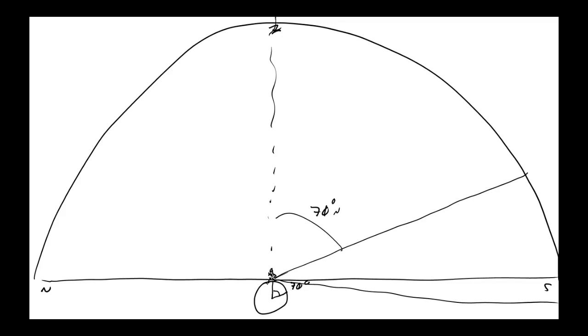Okay? It's right on the equator, latitude 0. What's the declination of the sun on June 21st? Plus 23 and a half. On December 21st? Minus 23 and a half. On March 21st? 0. Now, how many hours of daylight do you think you would have on June 21st in Quito, Ecuador? 12.